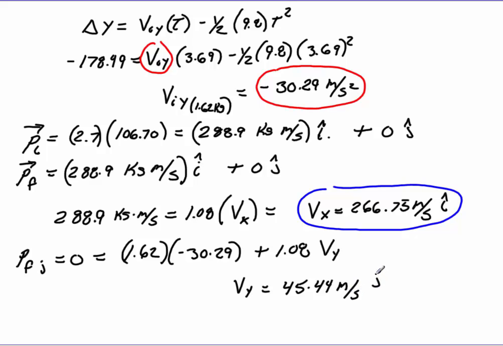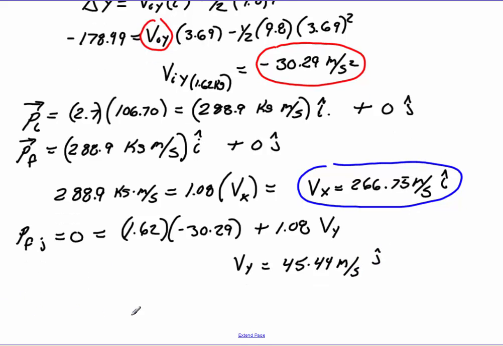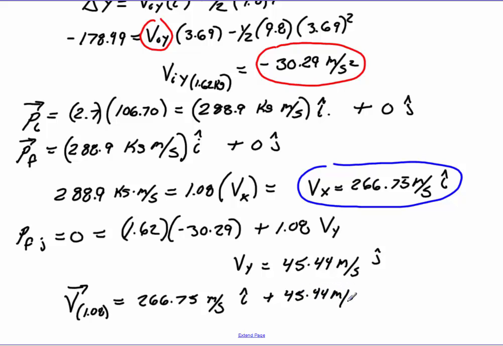And again, that's a j hat. So we can state that the velocity of the 1.08 is going to equal 266.75 meters per second i hat plus 45.44 meters per second j hat. And that's how you get the velocity.